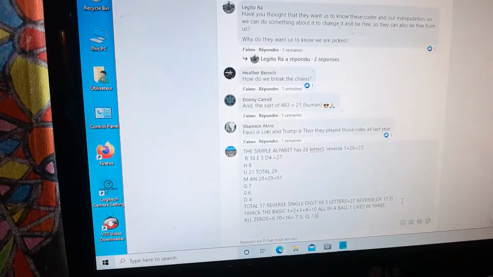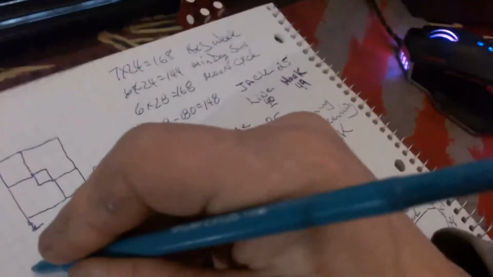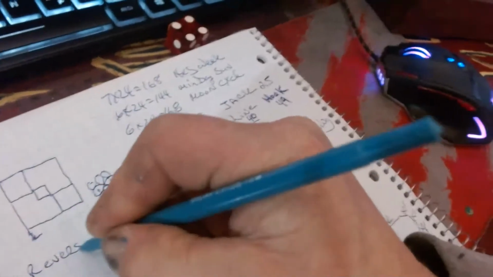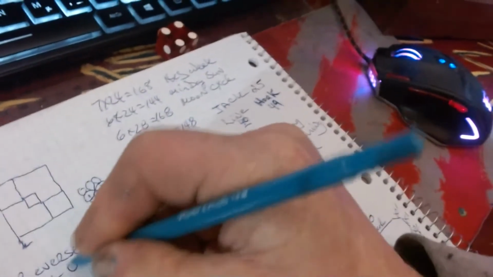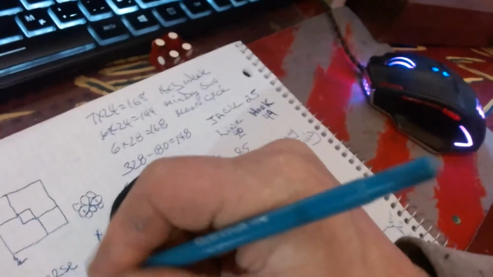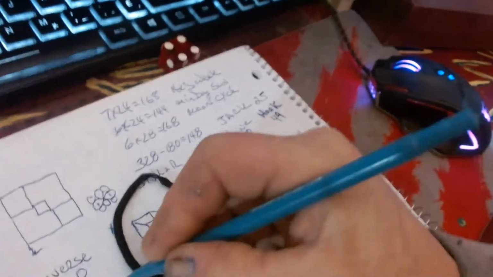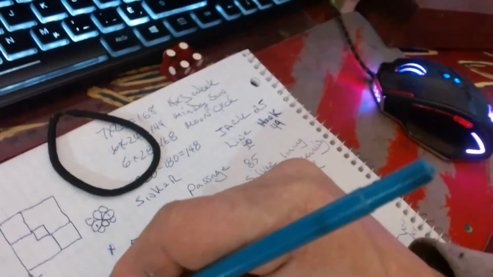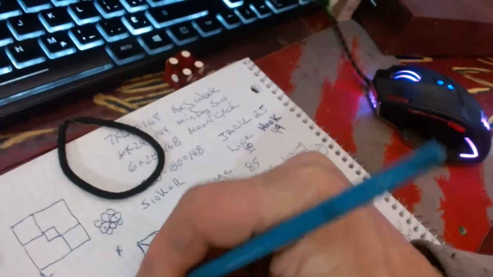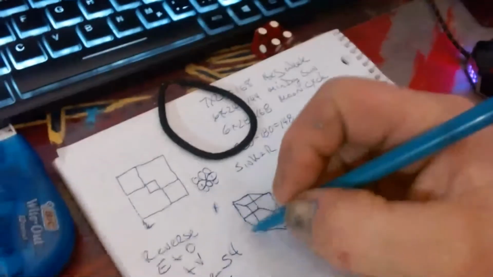The E and O, the reverse of the E and O is LV, Las Vegas. The reverse of E and O is L and V. Love. And since they're love, it becomes love 54, which is 2 times 27.